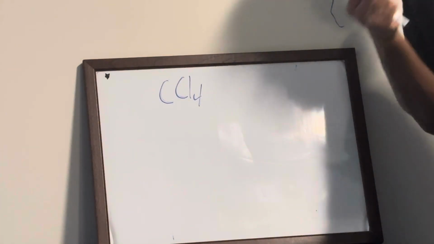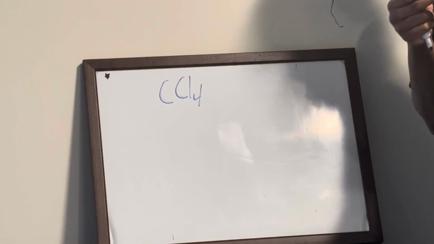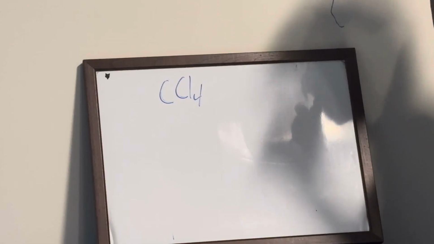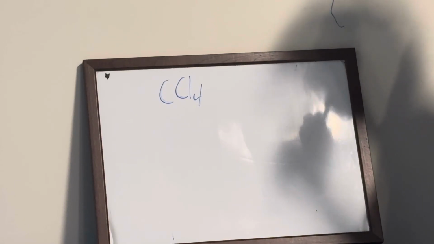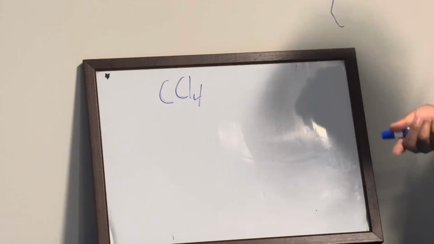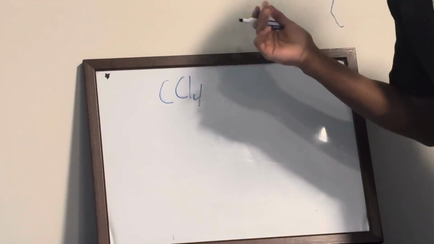Find their electrons. Find how many electrons there are. Pause the video. Okay. So chlorine is in group 17, but really 7.